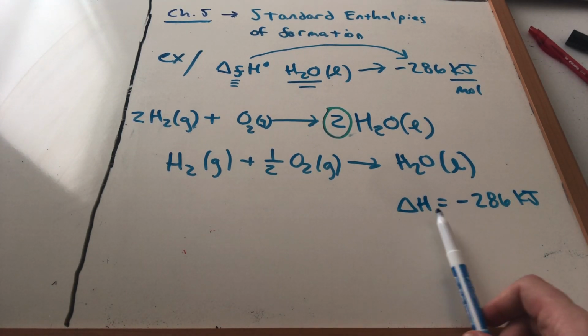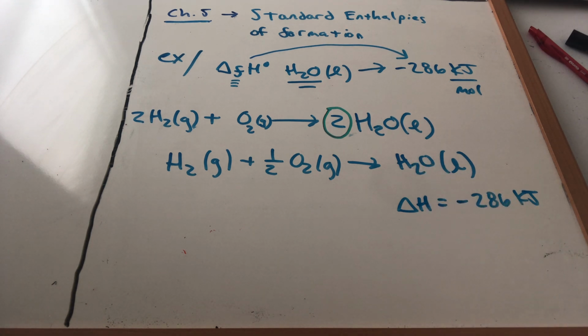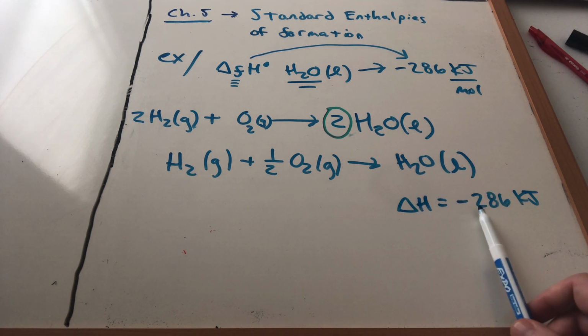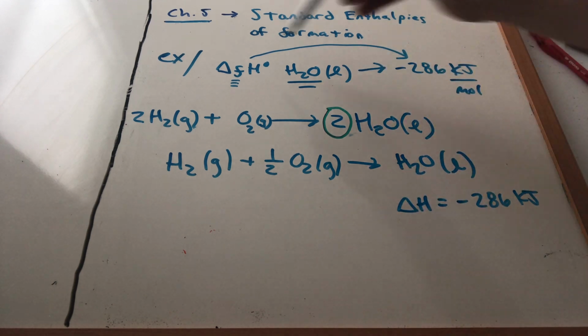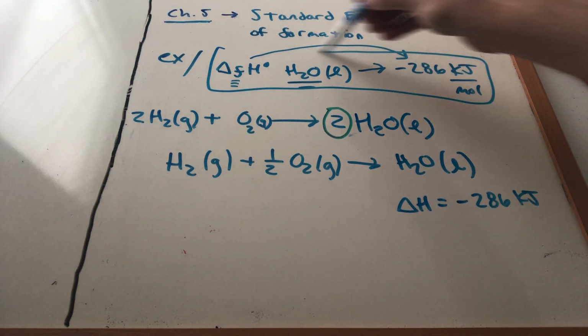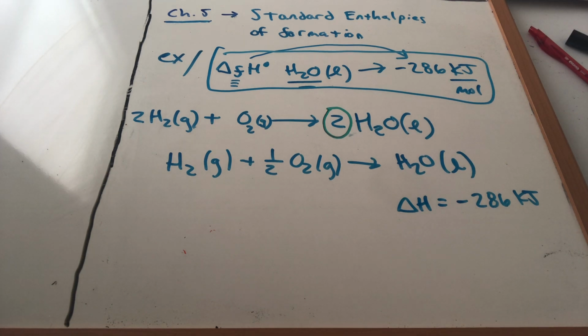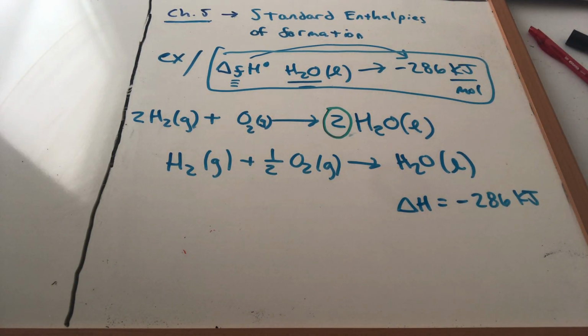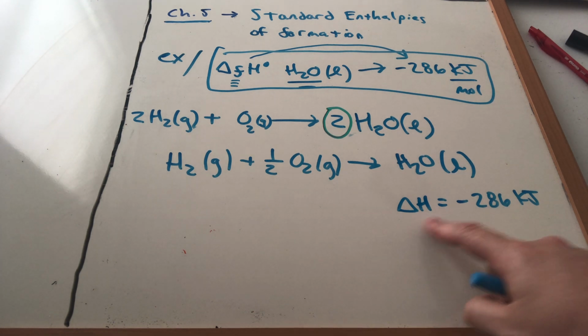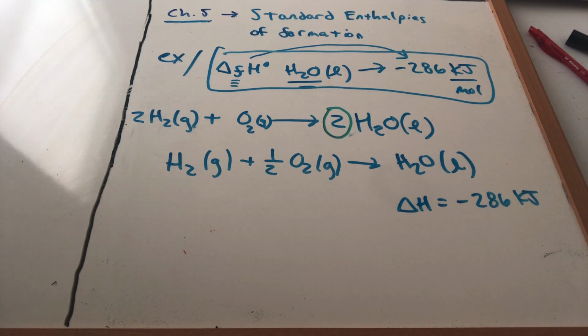And notice, if I was going to build an energy-to-mole bridge here, it would be minus 286 kilojoules per 1 mole of H2O. That's exactly what this says up here. It says that to form 1 mole of H2O, this is how much energy you expect to see. And that's what we see now down here with our thermochemical reaction.